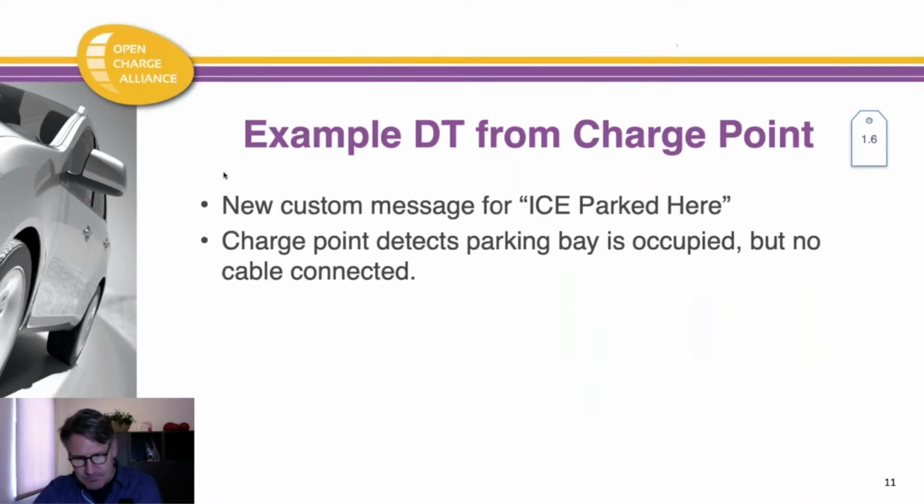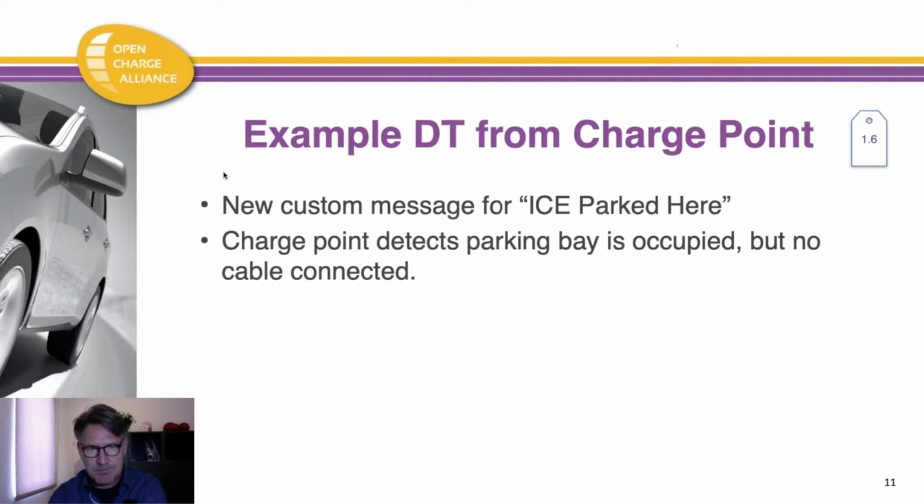Well, let me show a quick, maybe not too useful example of a data transfer from a charge point. Suppose we have a custom message that allows a charge point to tell the central system that an internal combustion engine vehicle is parked here. It does this by detecting that the parking bay is occupied and no cable is connected.